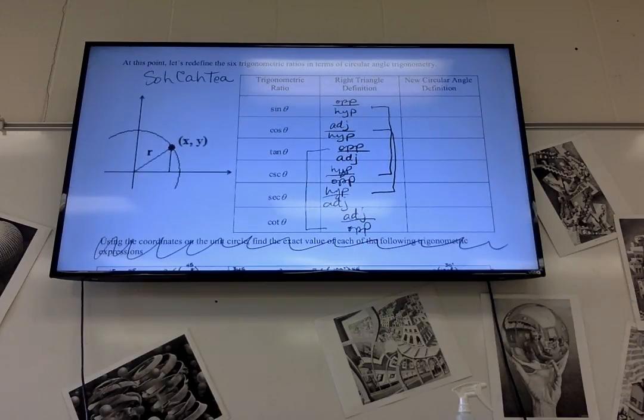Circular angle definition. For sine, if you go back up here, we have x going this way, and y going this way. Here's my angle. So I have opposite, and this is adjacent. And how much is the radius if it's a unit circle?